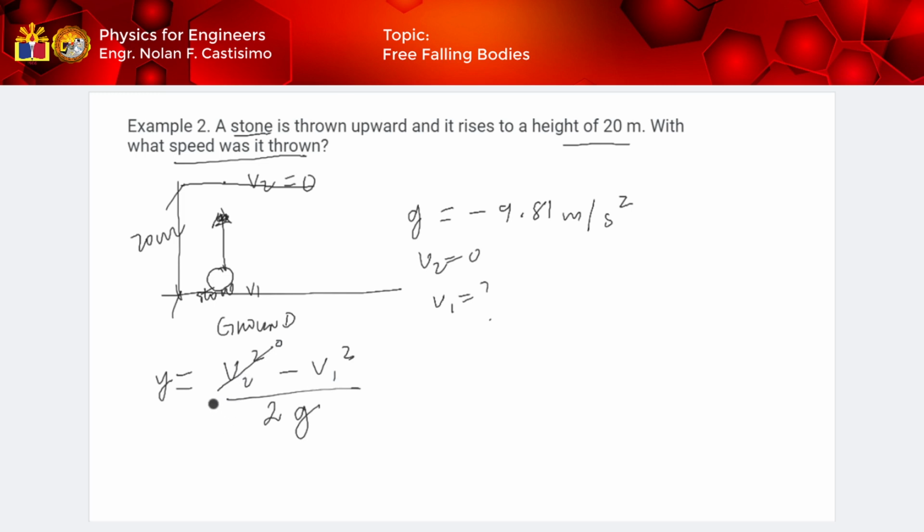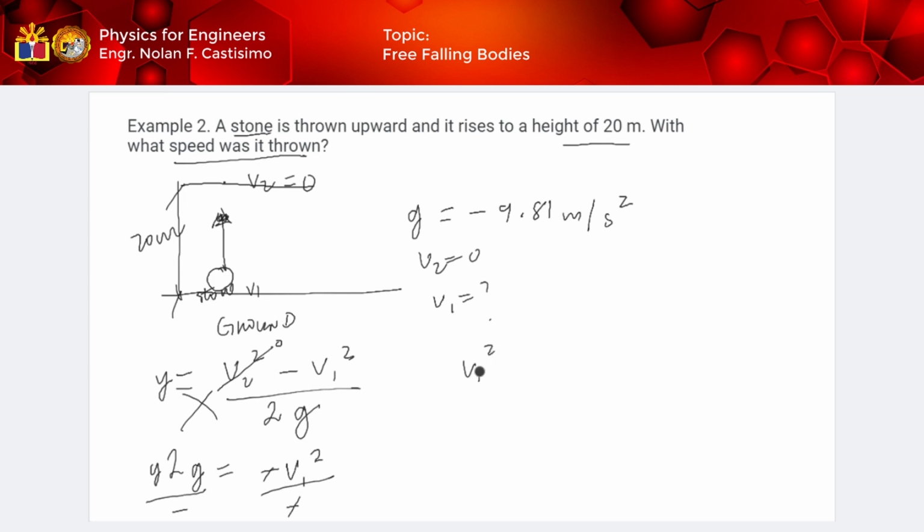So, we have to manipulate our formula. Okay, cross multiply. So, y2g is equivalent to negative v1 squared. So, next, we have to remove the negative here by dividing both sides by negative. Okay, para ito maka-cancel na. So, magiging ganito na siya.